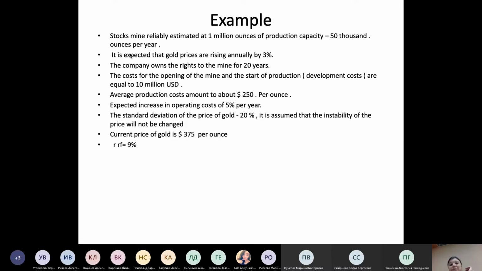Our company possesses the license, and that is why our company has the opportunity of realizing this option at every moment of time. Certainly, if we are analyzing a real option in this context, it's expected that our company possesses the right to the mine for 20 years. And this opportunity will be valued in the context of our task.